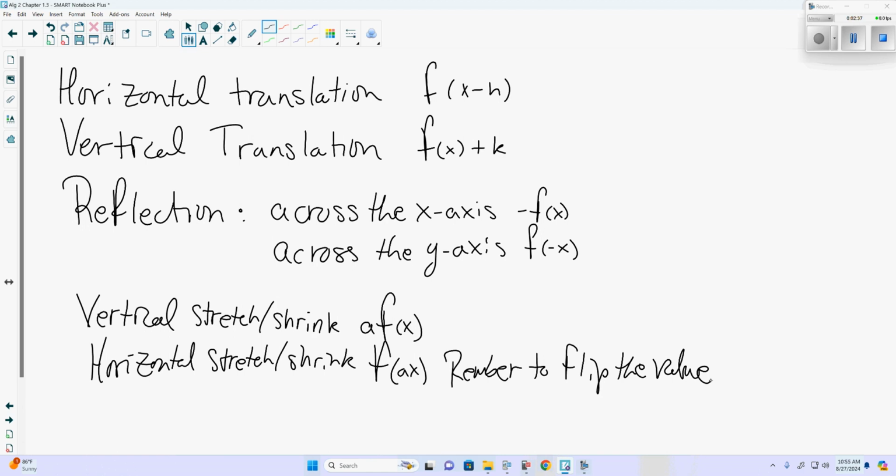So again, these are just the general forms that we're using to be able to apply the transformations. We've been putting these up there each day.